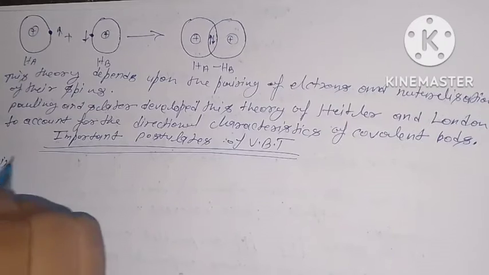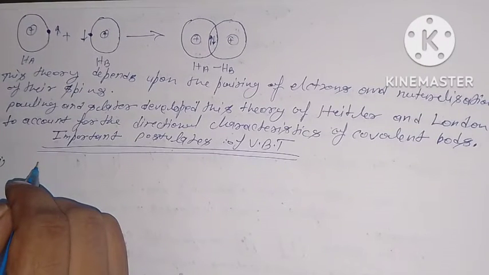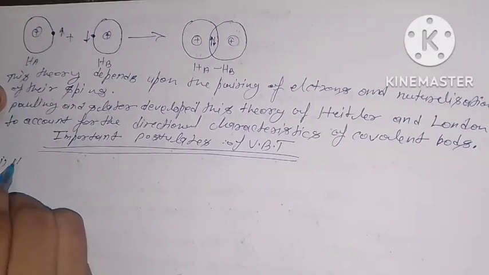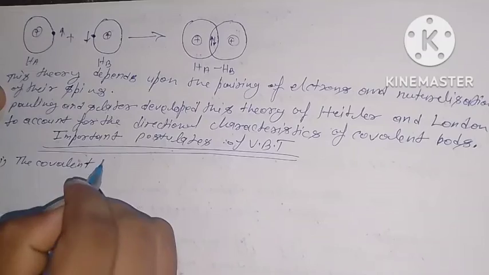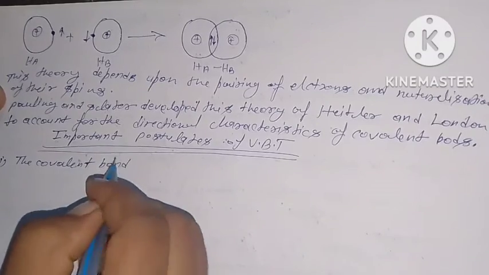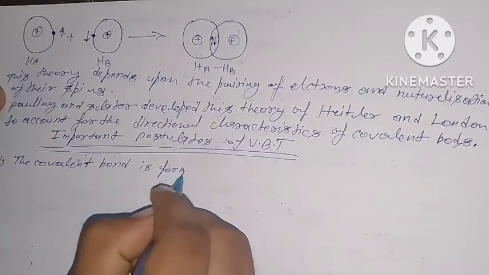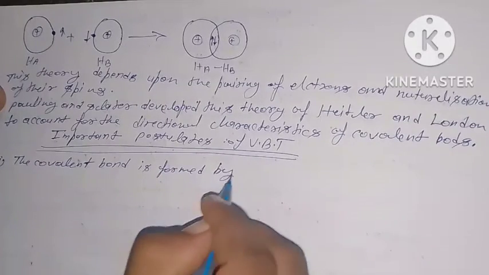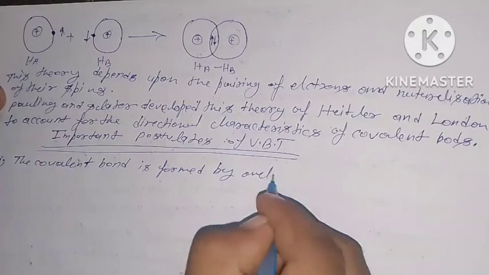First point: the covalent bond is formed by overlapping of atomic orbitals.